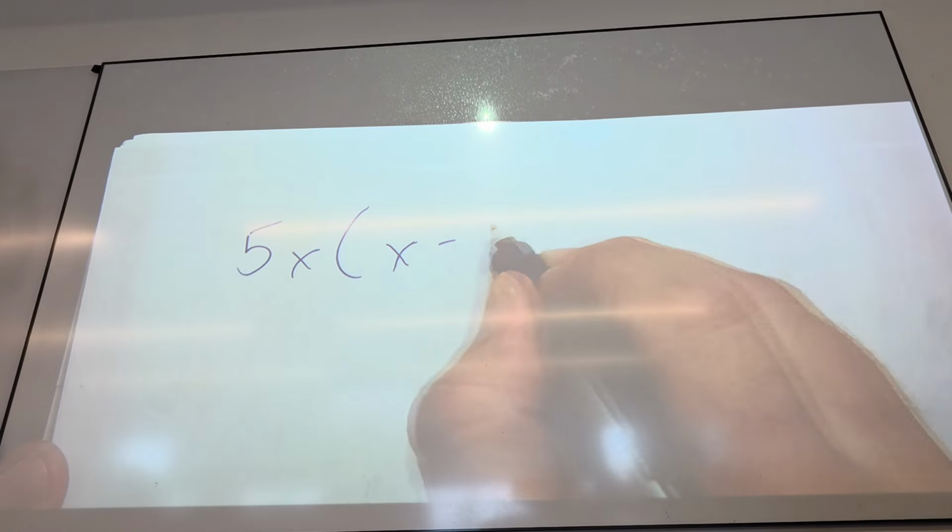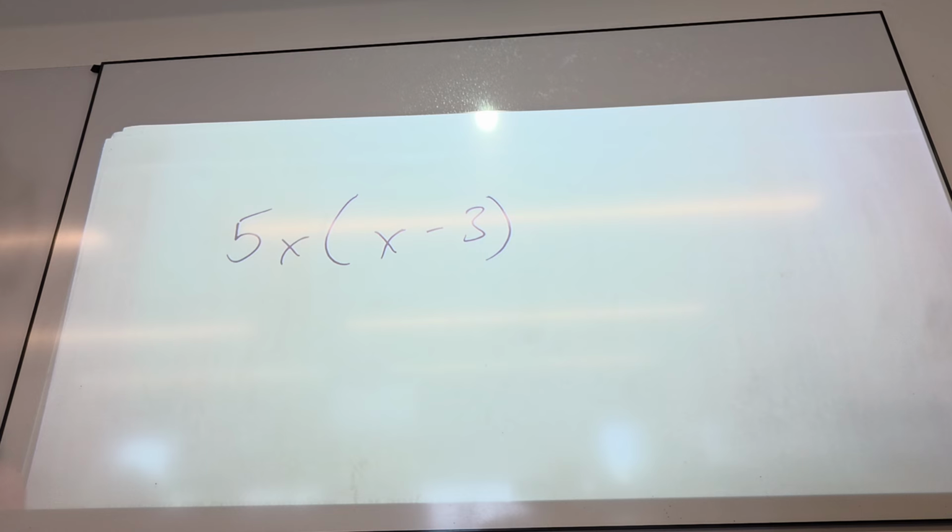Whenever I explore factoring, I do the opposite, which is multiplying. I start with multiplying to investigate unmultiplying. That's what factoring is. What would you do here to simplify this?